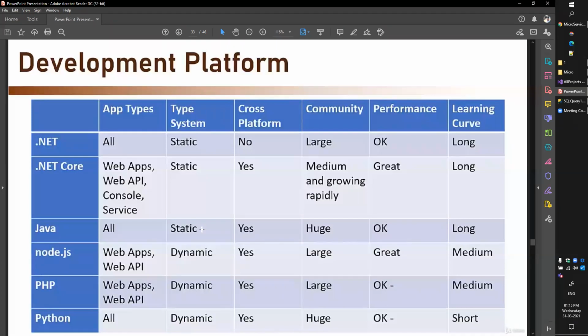Okay, so we are familiar with this. There are many development platforms that we use in microservices or even in our monolith architecture. But yes, two microservices can use two different technologies. One could be in .NET Core, another could be in Node.js or Java or PHP, and they can talk to each other.